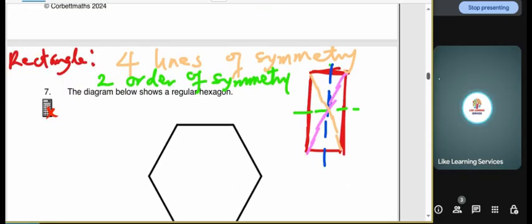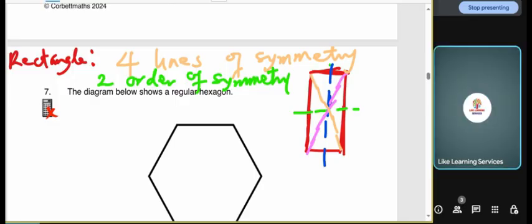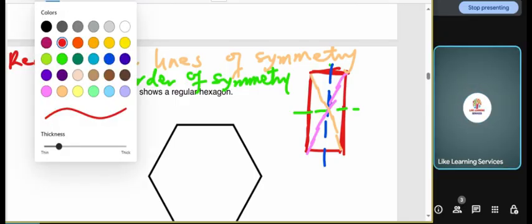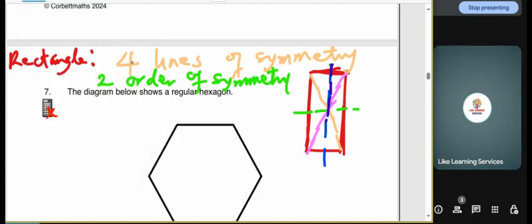Oh, look at what we said here. This rectangle, how many lines of symmetry does it have? You said 4. Yeah, 4. No, it doesn't have 4. Let's look at it very well. The blue line we fold, if you fold the blue line, it will lap. Check it. I think we made a mistake.